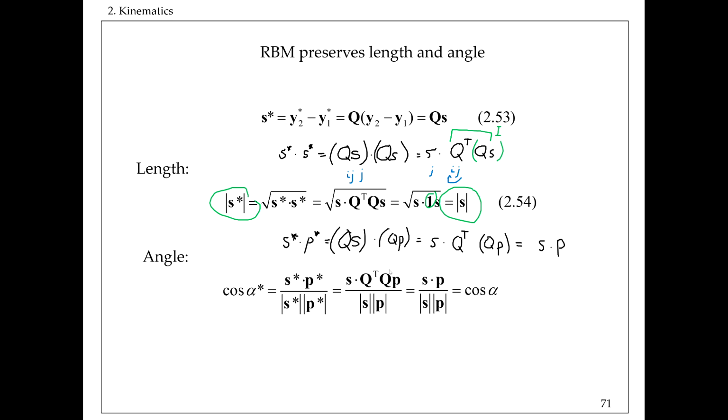Then you act with that identity tensor on vector P, and of course the return of that action is the initial vector P. So we have S dot P, again projection of these vectors onto each other, normalized by their lengths. So this is exactly the definition of the cosine of the angle between them. And we established through here that indeed the angle remains the same when we apply a rigid body motion. So the length preserves and the angle also preserves.